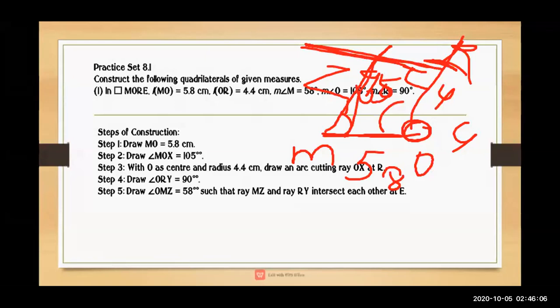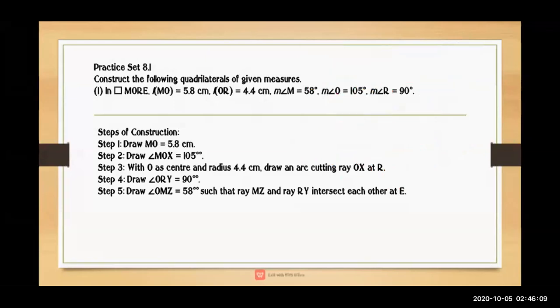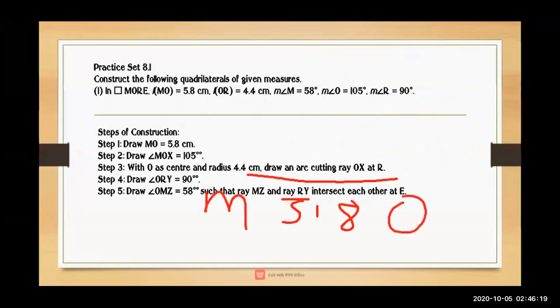Now how will your rough figure be? See, this will be your 5.8 centimeters and it will be named MO. Then here will be 105 degrees. Here will be R and you will take an arc of 4.4.